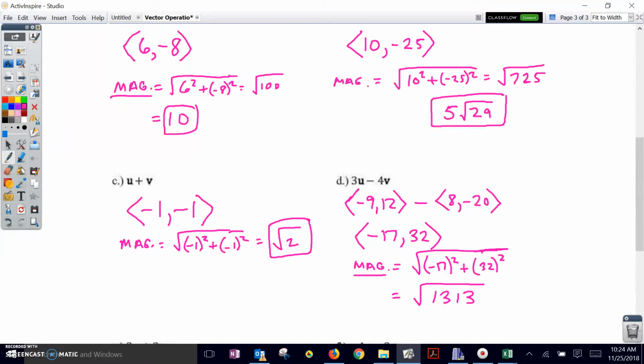Thinking carefully here. No, I don't think I can reduce that. I think that's fully reduced at root 1313. If you can reduce it, I apologize. It's probably a pretty big factor that we've got to take out.